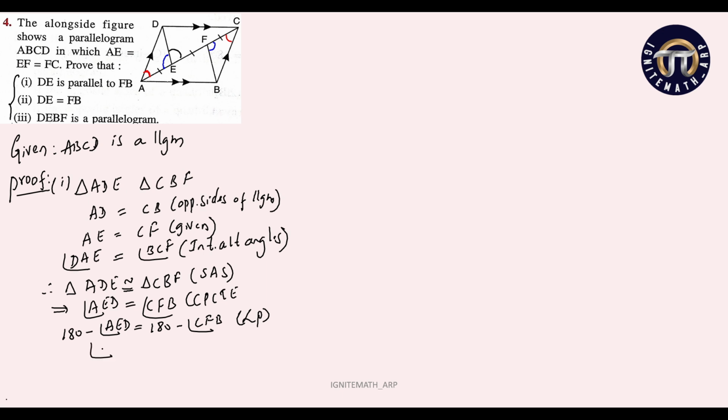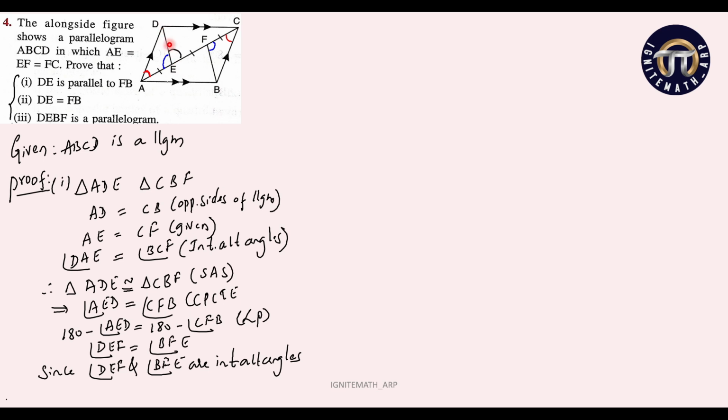So I get DEF is equal to BFE. Since angles DEF and BFE are interior alternate angles, you need to understand, children, that they are the interior alternate angles when the transversal EF is drawn to a pair of lines.